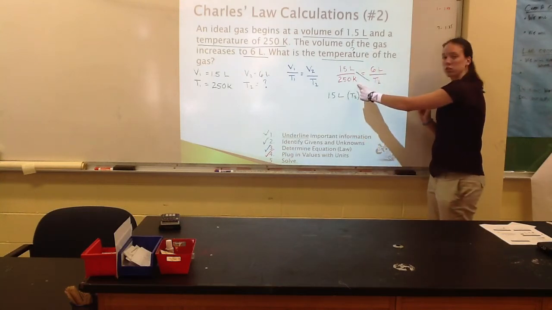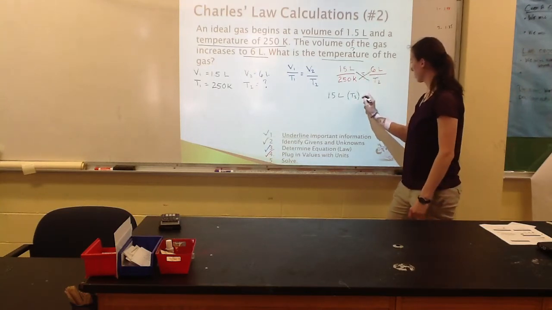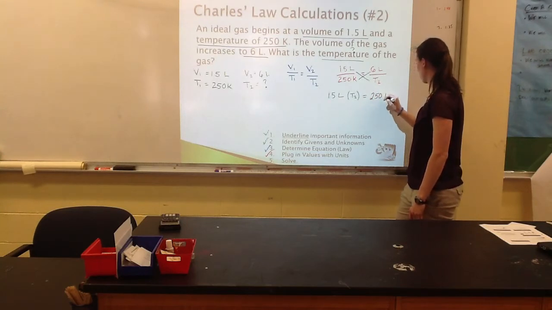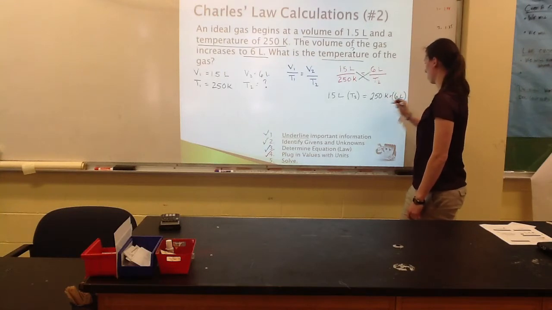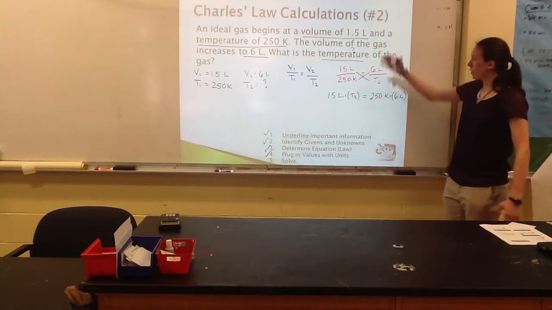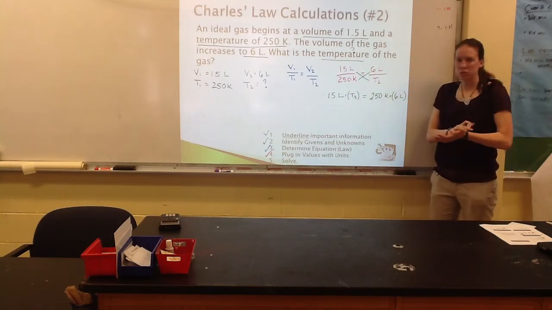And then I'm going to take 250 Kelvin times 6 liters, and that's going to be on my other side. Now we've got this fraction into a more linear looking equation.